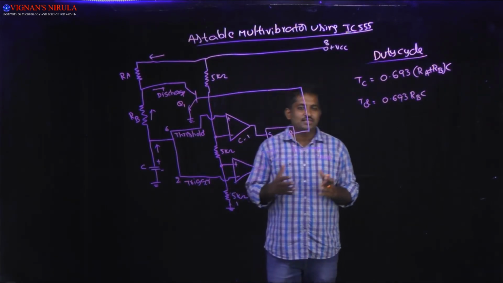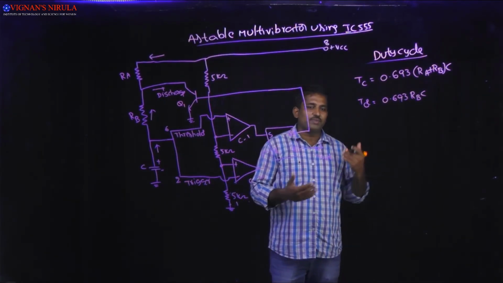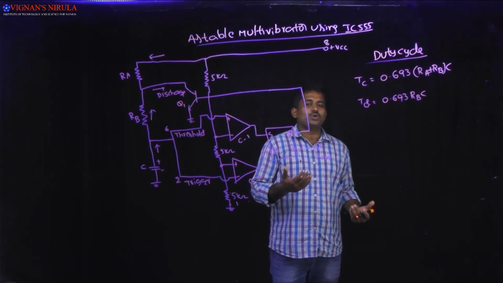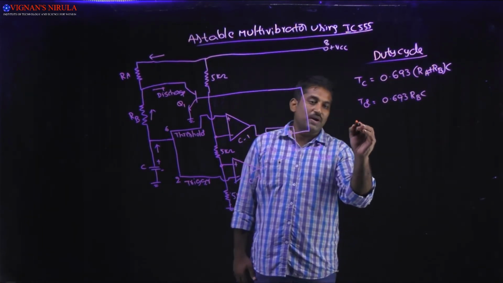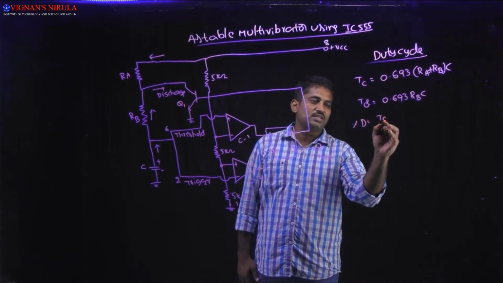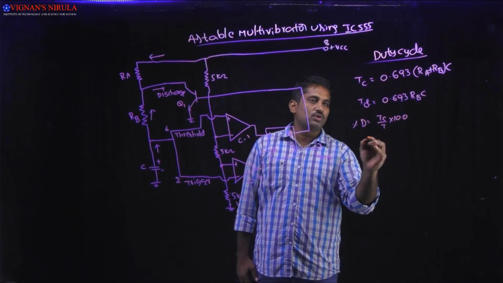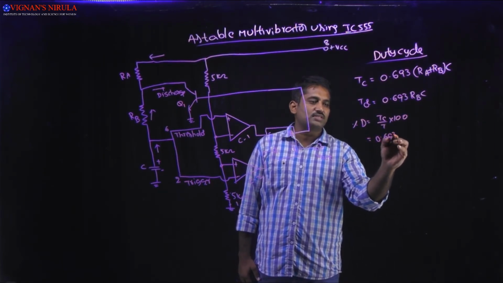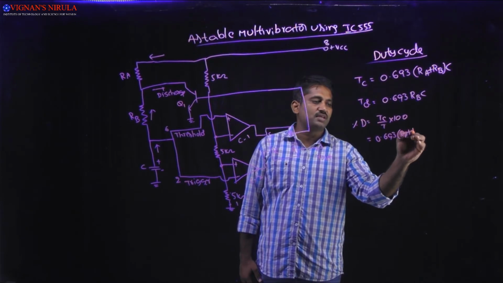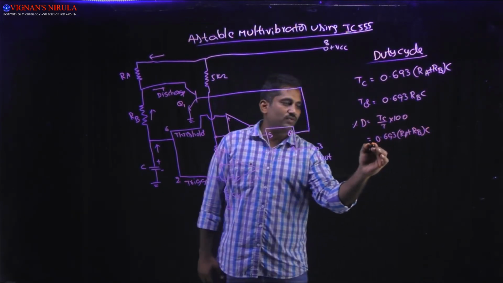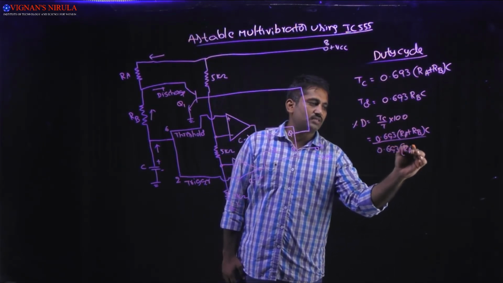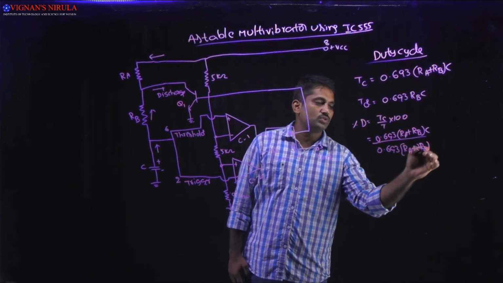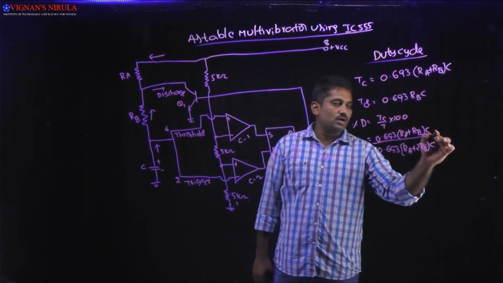The duty cycle is nothing but the on time divided by the total time period. So what is the total time period? T is equal to TD plus TC. Okay, on time is nothing but TC, the charging time. So percentage of D is equal to TC divided by T into 100. So what is TC? 0.693 into RA plus RB into C, divided by 0.693 into RA plus 2RB into C, into 100.